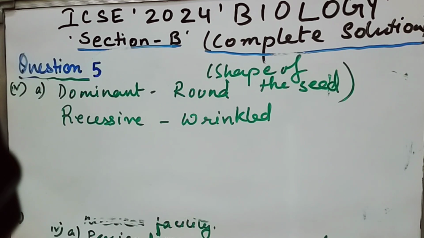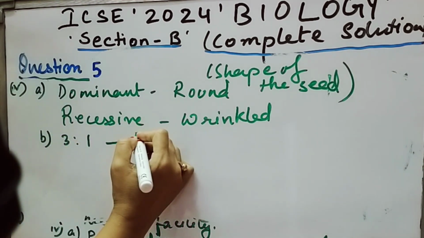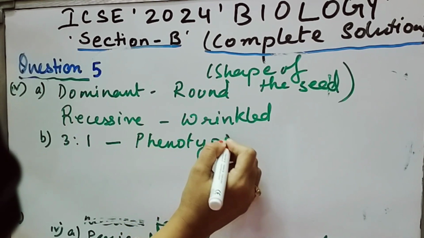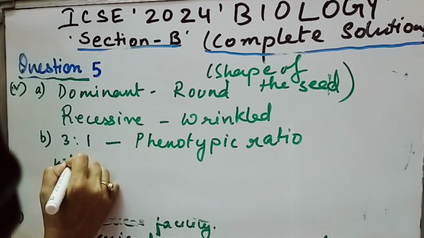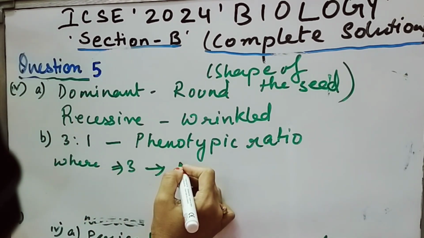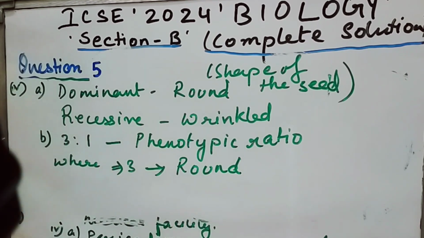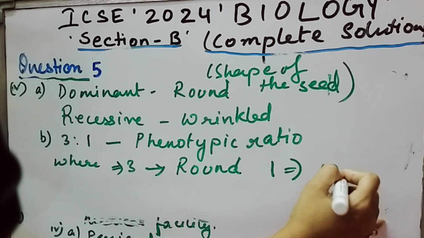Second one, what does the 3:1 in the F2 generation represent? So 3:1 represents phenotypic ratio, where 3 depicts round and 1 depicts wrinkled.